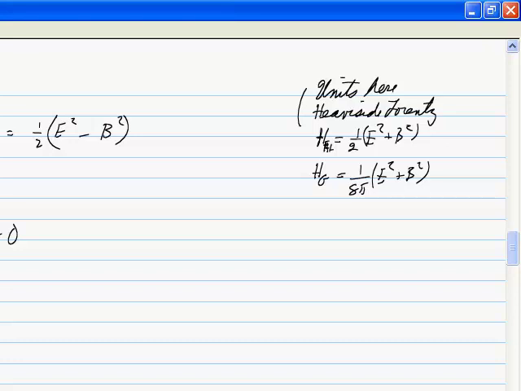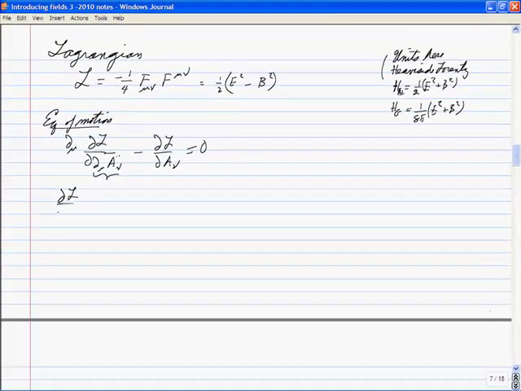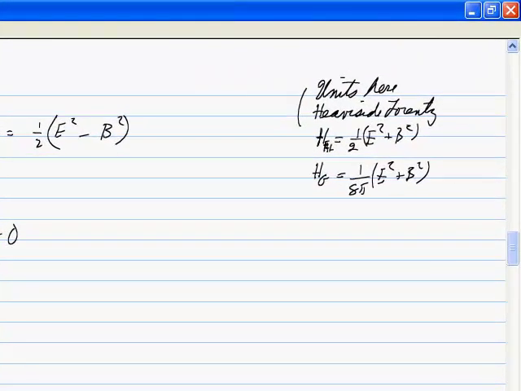So, my variation, there's a counting factor that is tough to explain here. I don't know, maybe I won't explain it. I'll hand wave it real quickly. F mu nu is derivative on the field minus the antisymmetric piece.